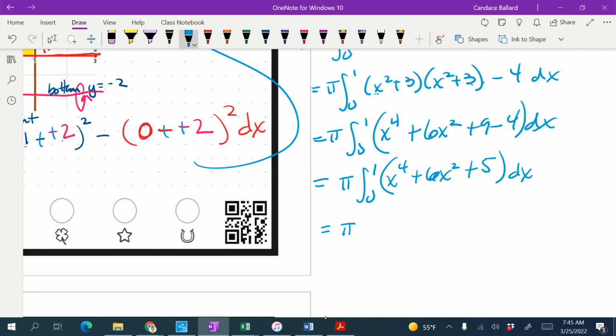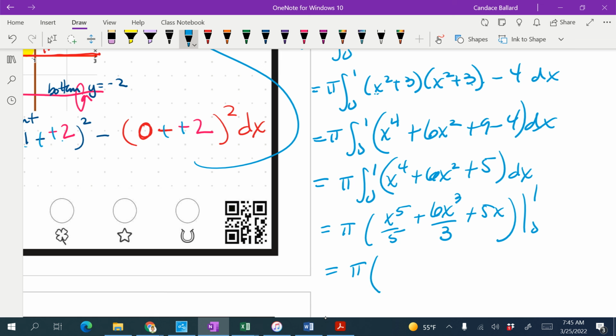So we've got pi. The integral of x to the 4th would be x to the 5th over 5 plus 6x to the 3rd over 3 plus 5x, and then from 0 to 1. I'm going to put my 1 in. So 1 to the 5th is 1/5.